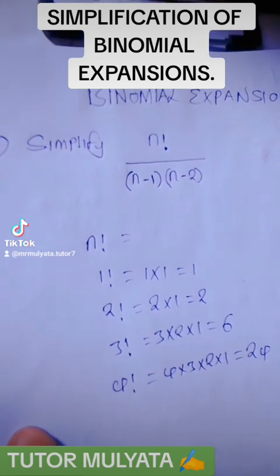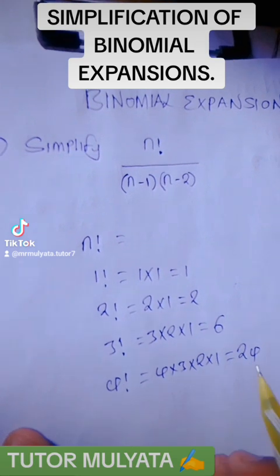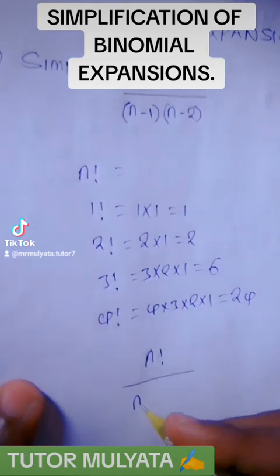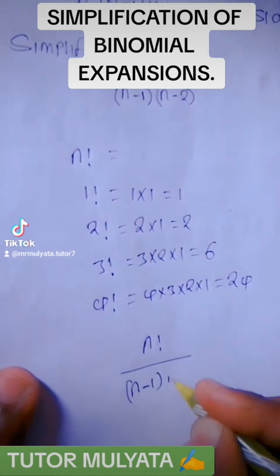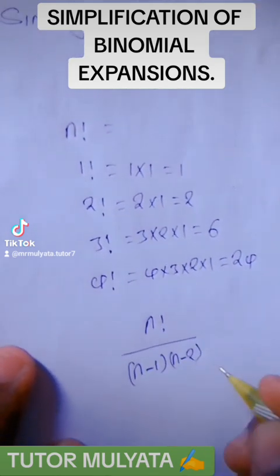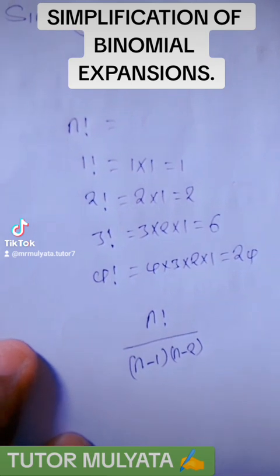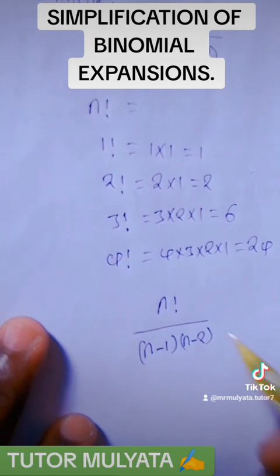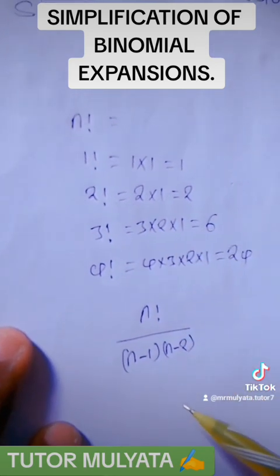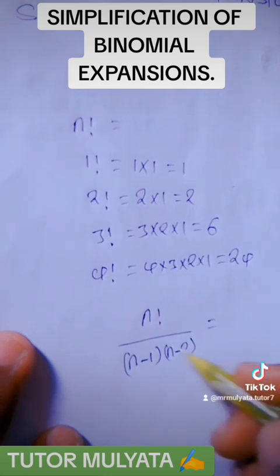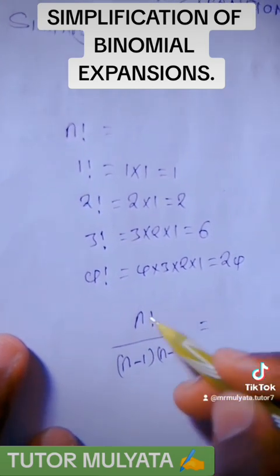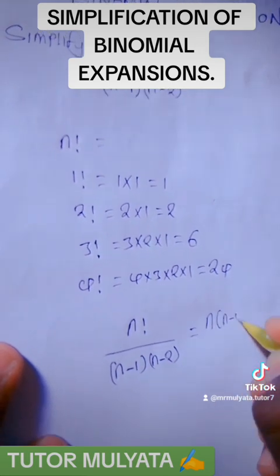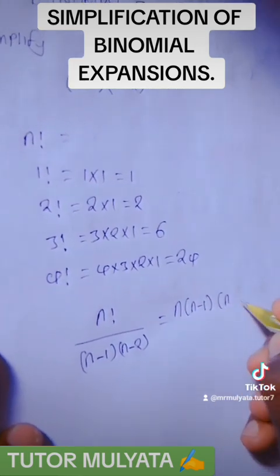So if we already know that n is descending by 1, let us go back to the question. We are saying n factorial is given by n times n minus 1 and then n minus 2. In this case it is descending up to 2, so the highest number here is 2.